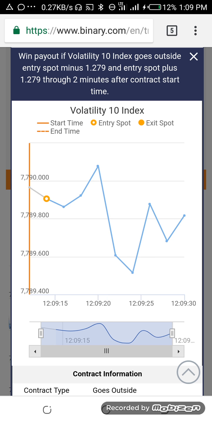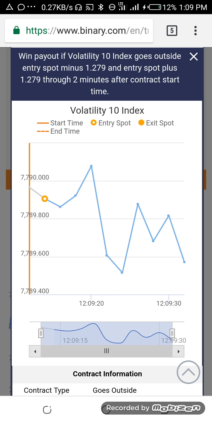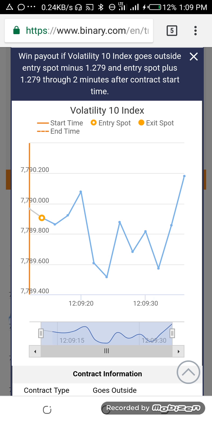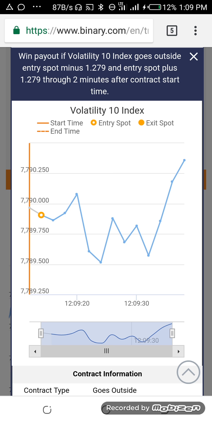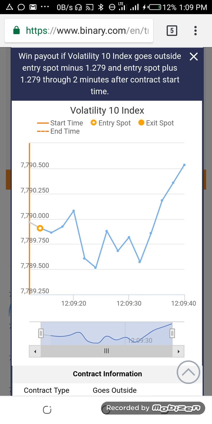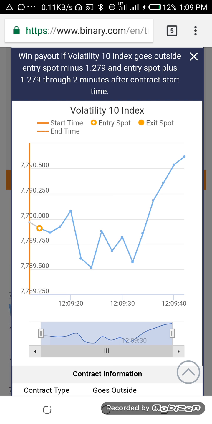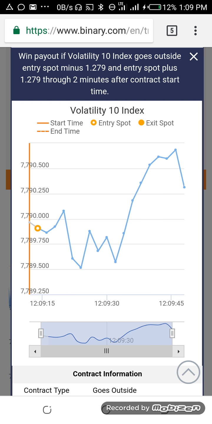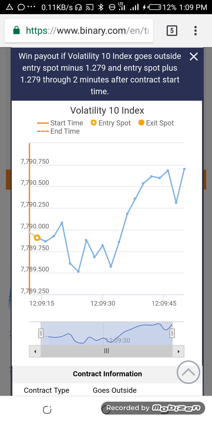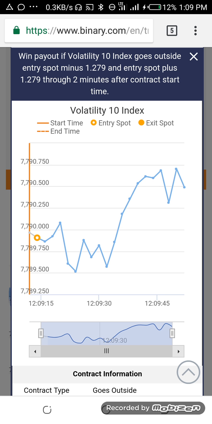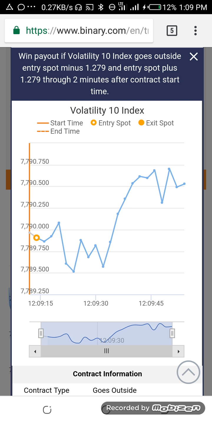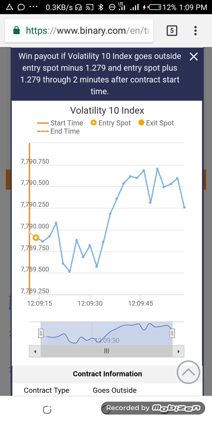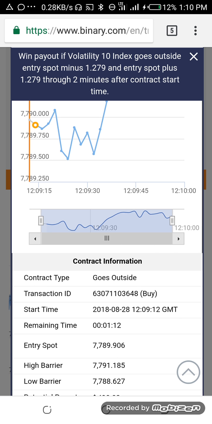You can also adjust the range to what you think fits, but the farther it goes, the smaller your profit take. So now we're watching if it's going to go beyond the limits that are set, within the space of 2 minutes.